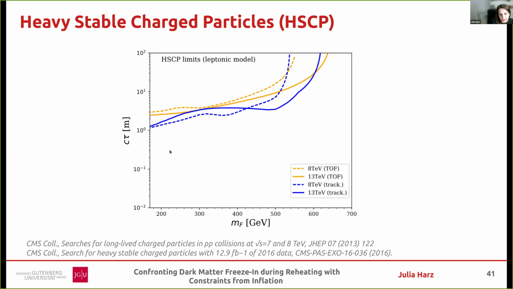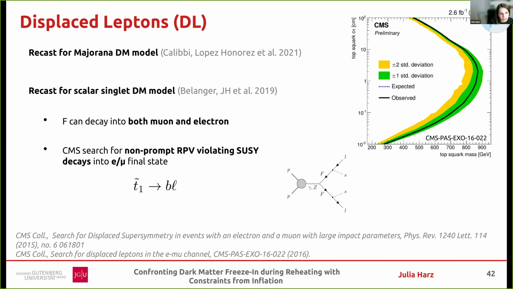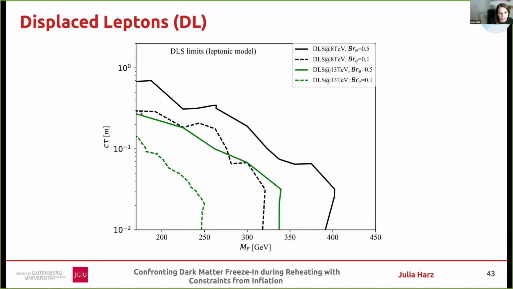If we go to a smaller decay length, we have, for instance, displaced leptons. Again, for the scalar singlet model, we looked into the F decaying into a muon or an electron, and here we took searches from R-parity violating SUSY. Then, as I mentioned before, we have exclusion limits for a smaller decay length.